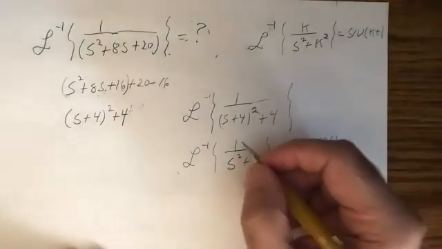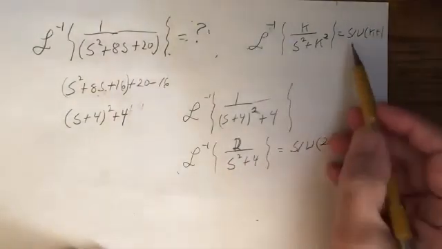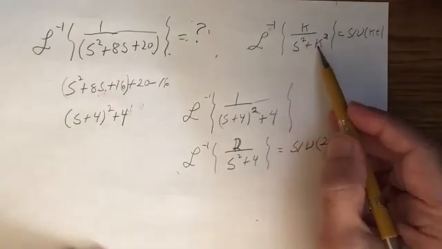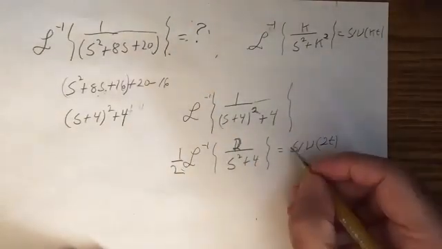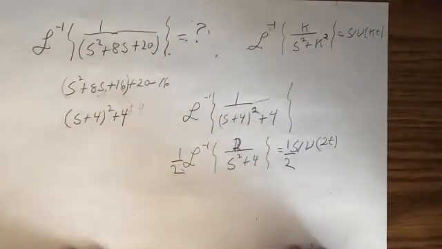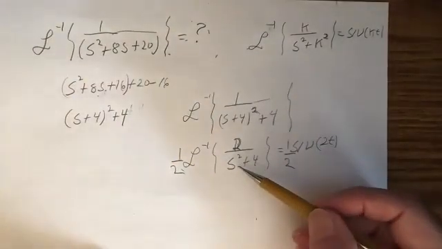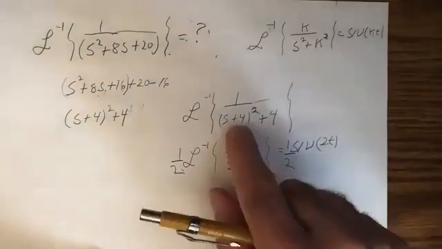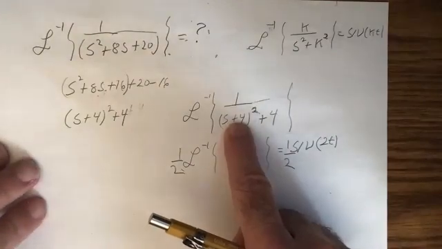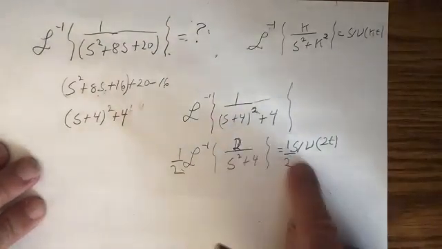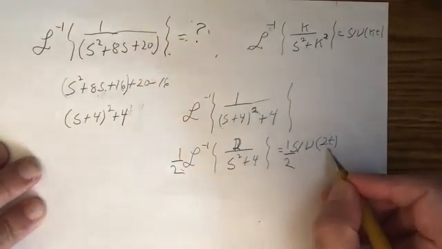But I need a 2 up here, because I got this k squared, so this is 4. I need the 2 up here, so I got to put another 1/2 down here. So if I forget about this plus 4, the inverse Laplace transform of this is just 1/2 the sine of 2t.